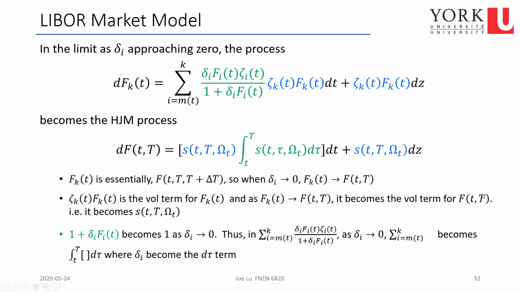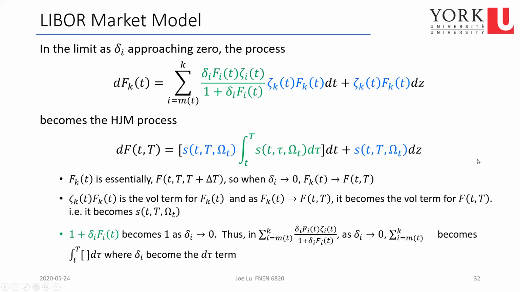Because this part has become this F(t, T), this part is just a vol. So the volatility of this is by definition this, and this part will become this.